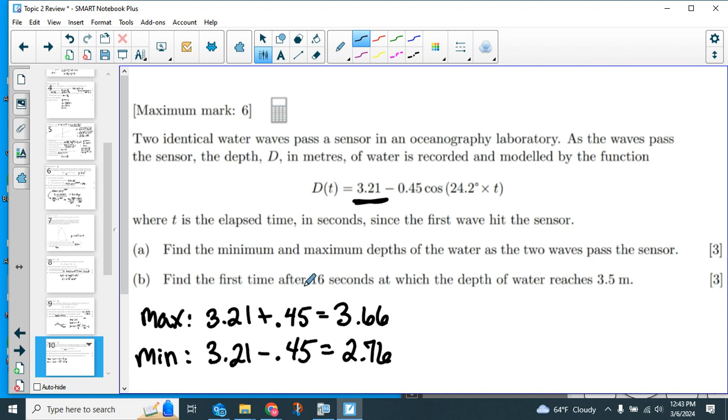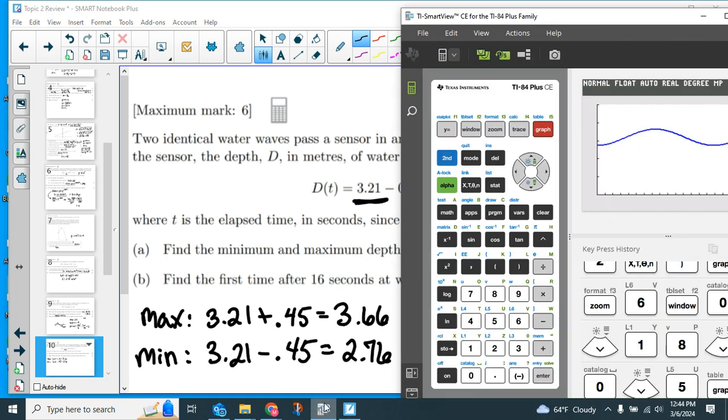Okay, B. The first time after 16 seconds at which the depth of water reaches 3.5. Now, because sinusoidal functions just repeat over and over again, it's going to hit 3.5 meters infinitely many times. But we want the first time after 16 seconds.